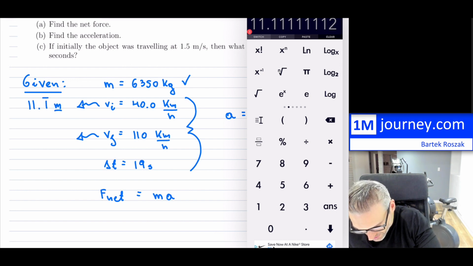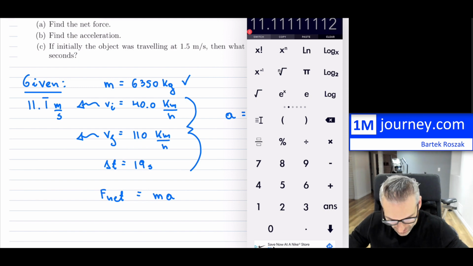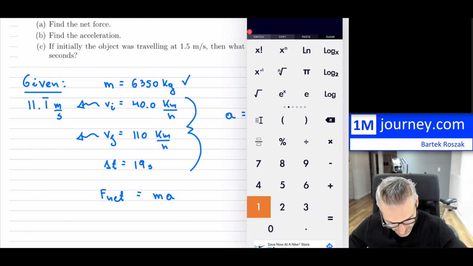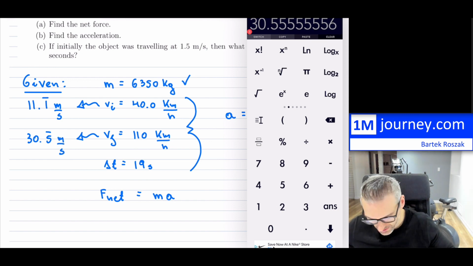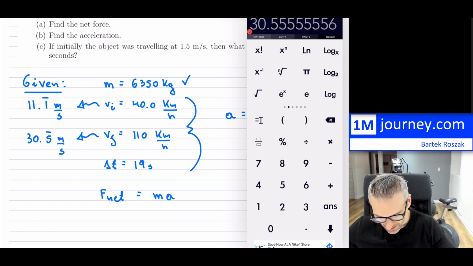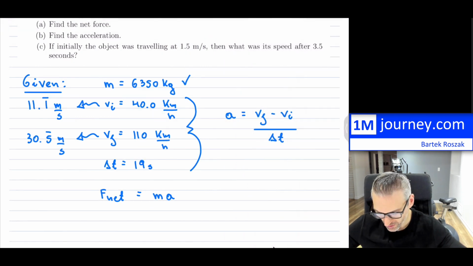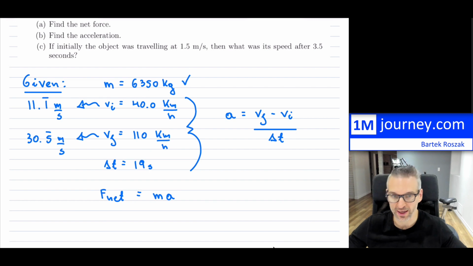This is now in meters per second. And now the other one is 110 divided by 3.6, and this is going to be 30.5 meters per second. I'm going to keep all of those decimal places there for us. Now, once we have that unit conversion, again, you can do the unit conversion any way that you like.